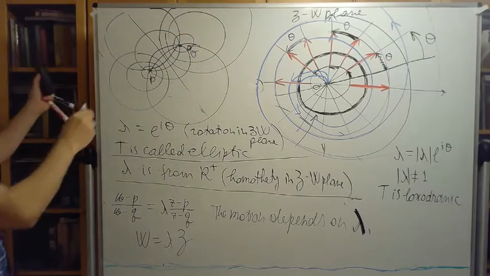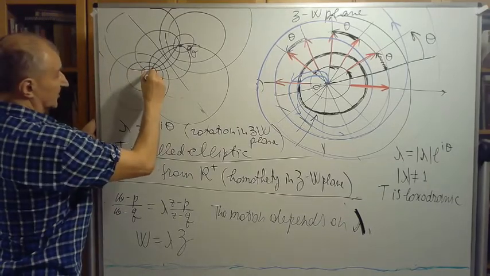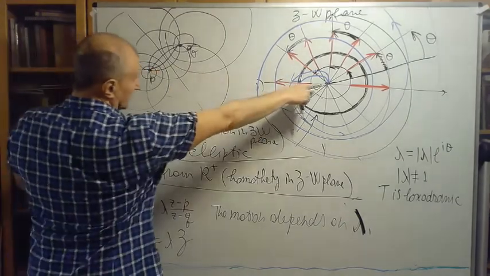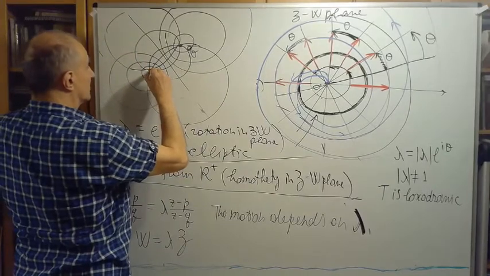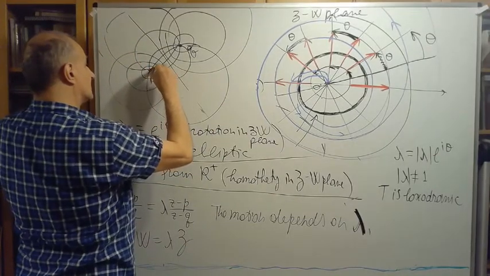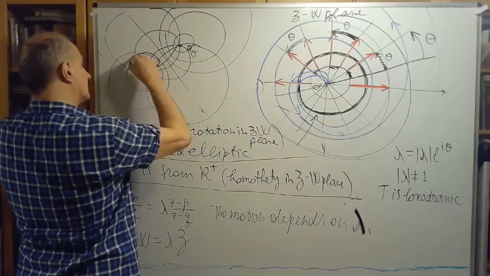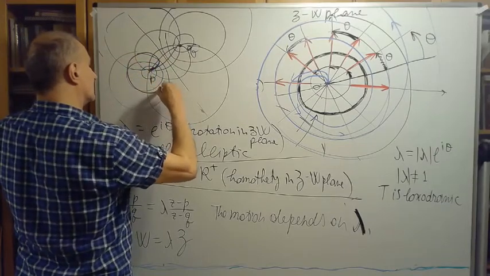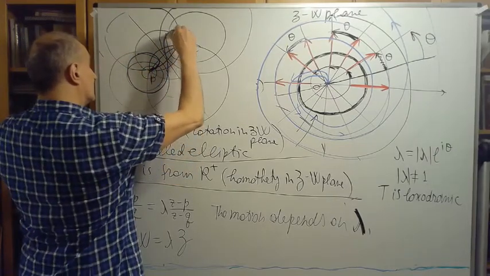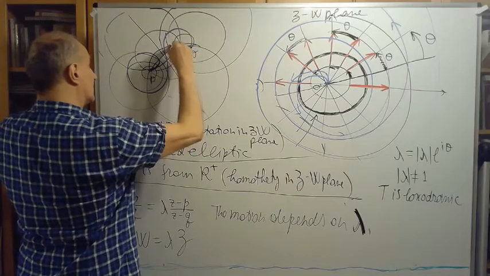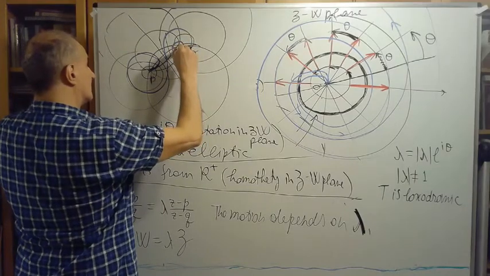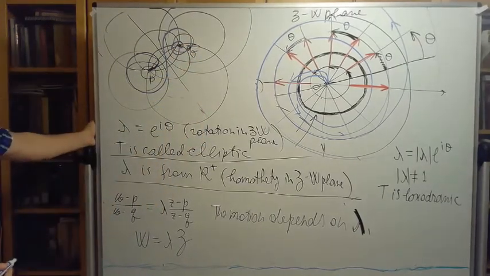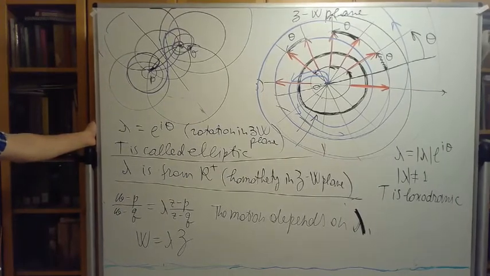It wants to go along this first type of circles that become lines, but eventually it also rotates, so it goes like this. And in my picture it looks like it's coming to the points P and Q, but actually it is approaching them infinitely long.